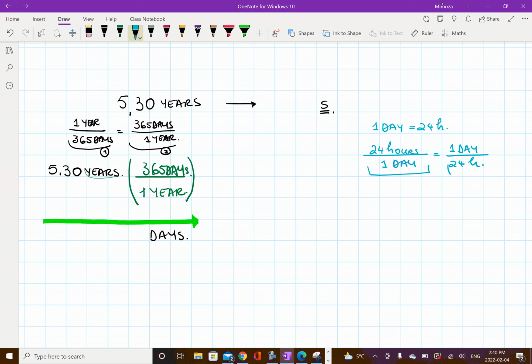So again, we have a ratio 1 and a ratio 2. And we will use the ratio so that the units that we want to cancel are in the opposite place to the units in the ratio. So days in what is given, what is left, is at the top, then we will use the ratio where days are at the bottom.